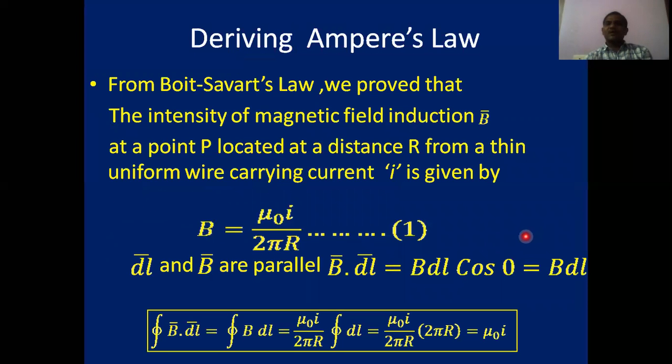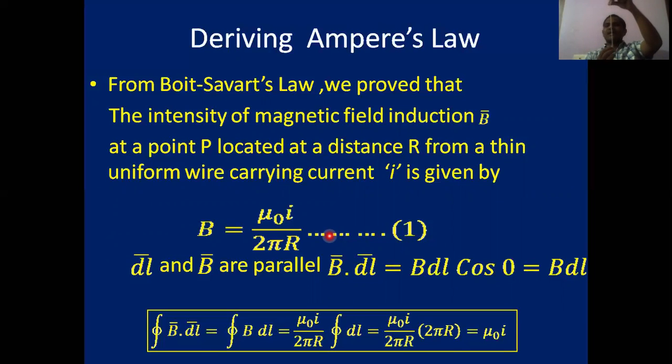Now, according to Biot-Savart's law, we proved that the intensity of magnetic field induction at a point P at the normal distance R is given by B equal mu naught I by 2 pi R. We discussed this in the Biot-Savart's law application. So this is the current carrying conductor.